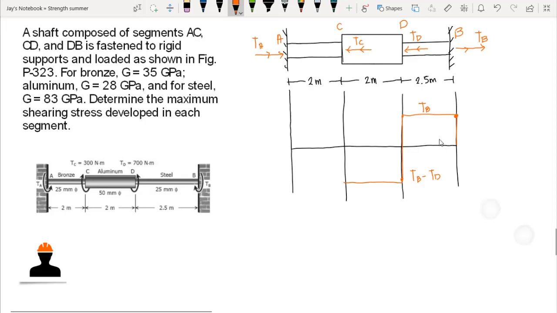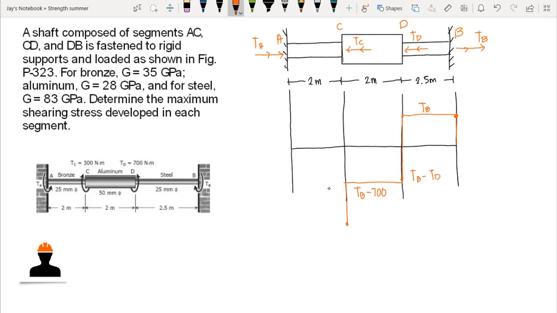Now the magnitude here is TB minus TD. Since we have a given value for TD of 700 Newton meters, we can substitute TD as 700 Newton meters. So our internal moment here is TB minus 700. At this point, we have our twisting moment C that is also pointing to the left, so we still go downward in the diagram.